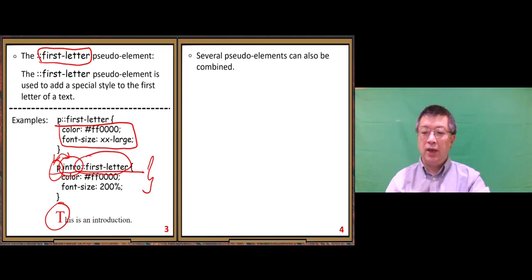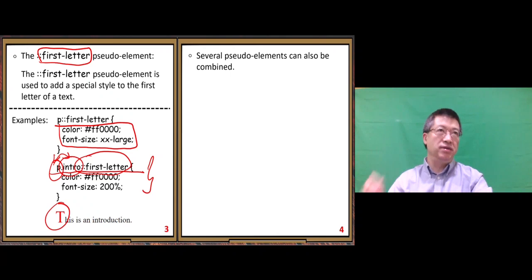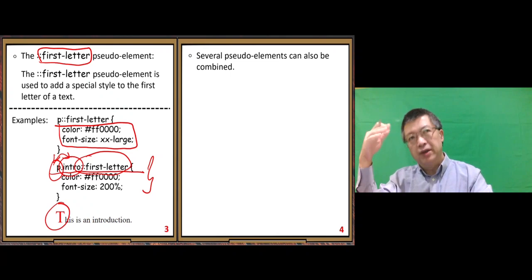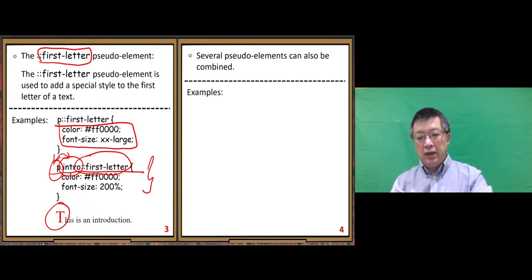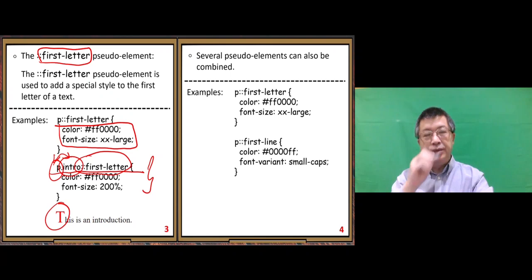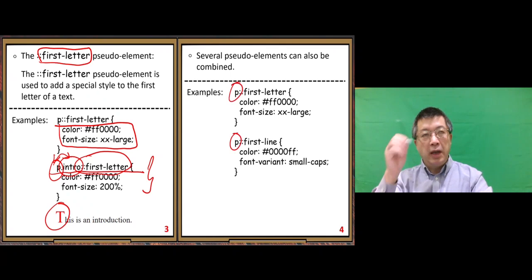Another case: several pseudo elements can be combined. It gives you a little more flexibility. In this example, we use two pseudo elements for the same element.